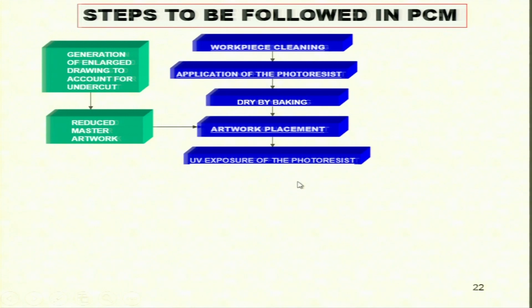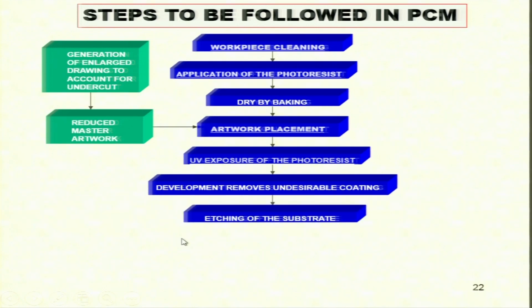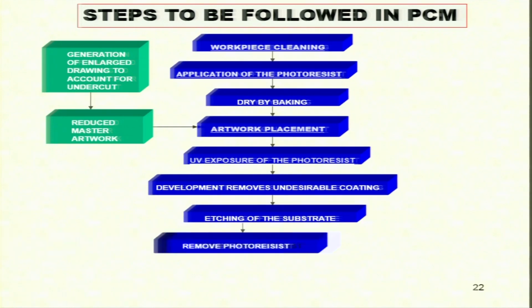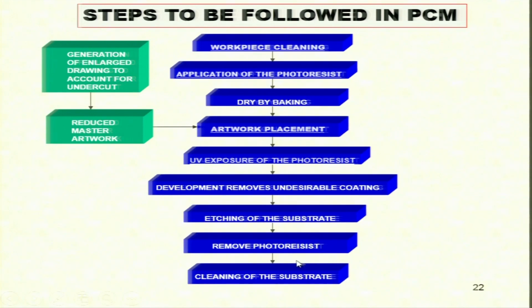Ultraviolet exposure of the photoresist, development removes undesirable coating from the workpiece, and etching of the substrate takes place in the etchant bath. Then remove the photoresist, and then cleaning of the substrate, and finally you get the machined product of the desired shape and size.